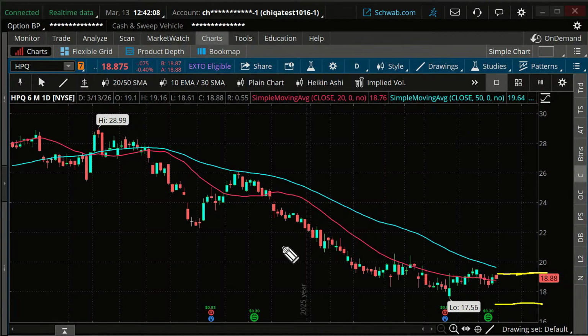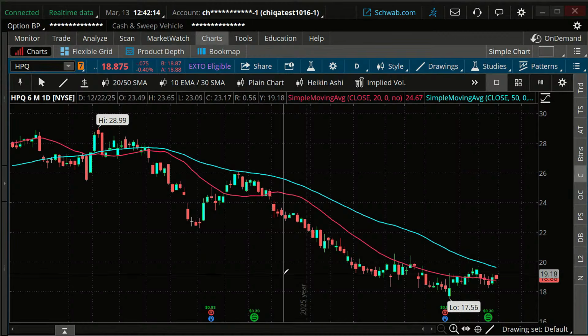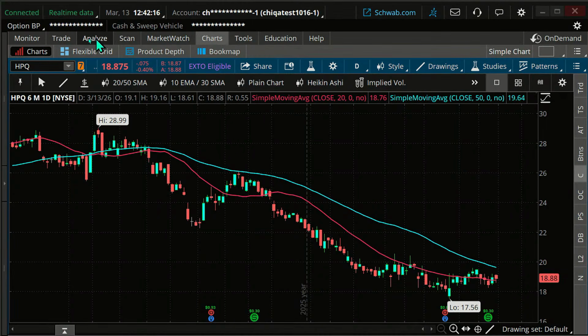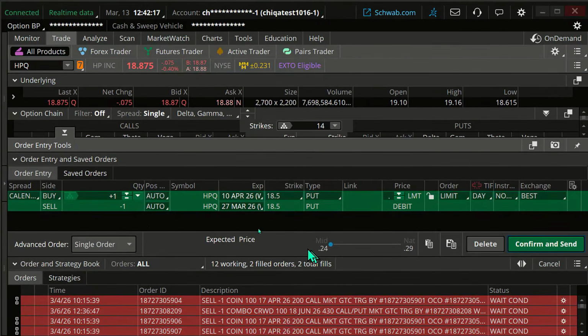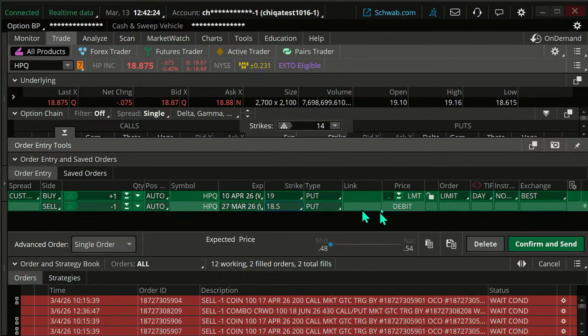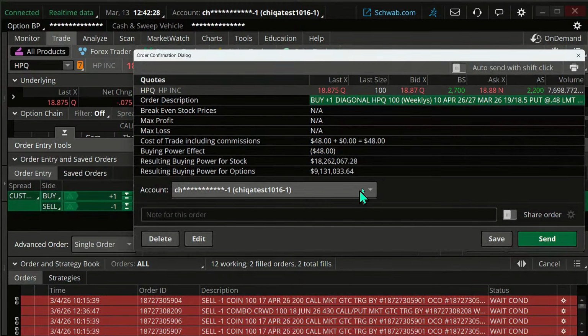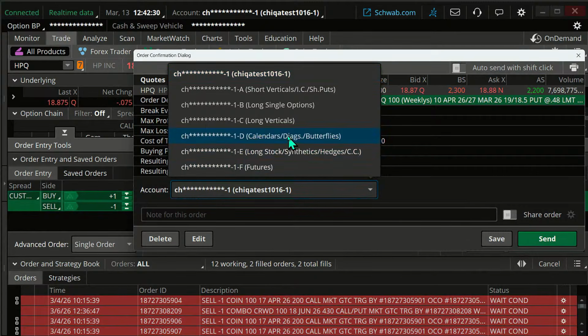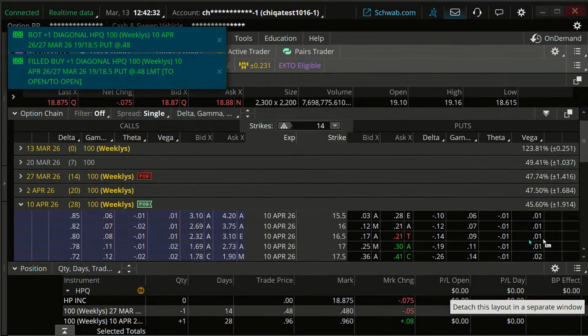That's a way to take that more neutralish trade and make it a little bit more bearish. And I'm just going to do this trade. I'm going to do the same thing over here. We made this one a 19, and confirm and send. And we're just going to put this in that category right there.